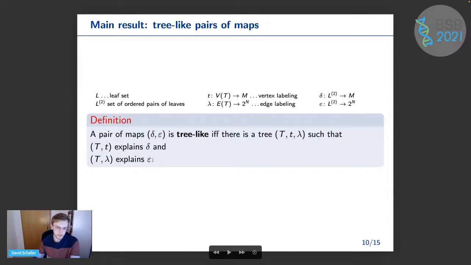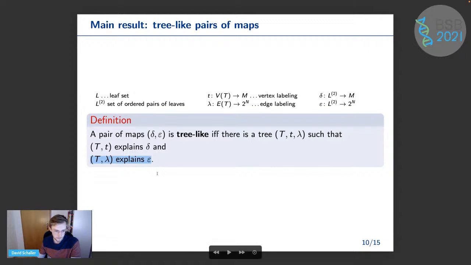So from this definition, we already get two necessary conditions for tree-like pairs of maps, because this here says that delta must be a symbolic ultrametric, and this says that epsilon must be a Fitch map, simply because they are defined in this way. But it turns out that these conditions are not sufficient.